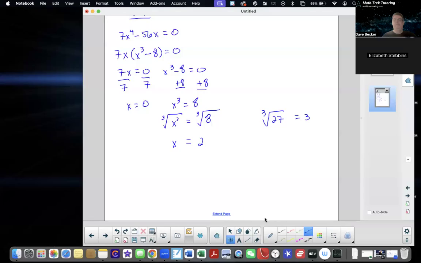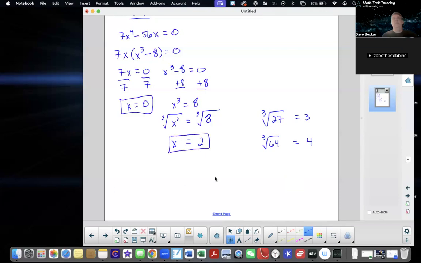And the cube root of 64 is 4 because 4 times 4 times 4 is 64. Yes. So we have two solutions, x equals 0 and x equals 2.